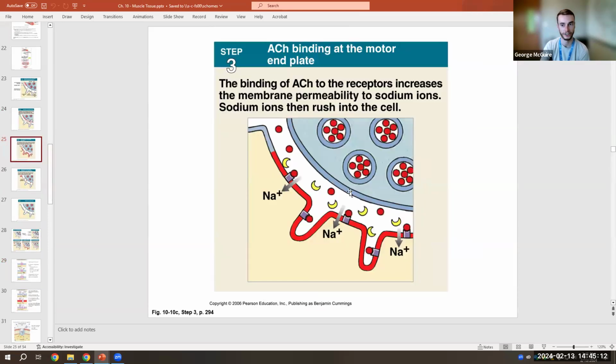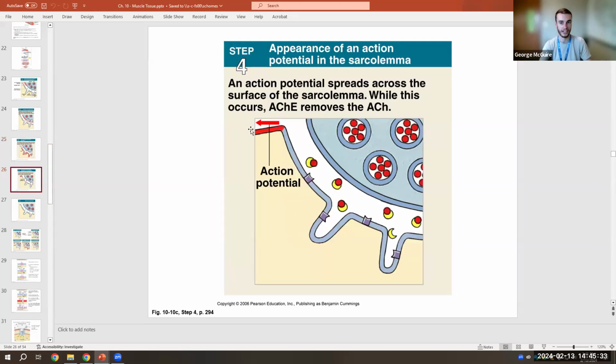That's what we're seeing happening here. Acetylcholine is bonding with those membrane proteins, causing the channel to open so sodium can flood into the cell, which is going to start changing the membrane potential, and that signal is going to cause a chain reaction that is going to flood in both directions, which is where we're starting to see this red on the membrane show up. So that action potential is going to start spreading down the membrane.